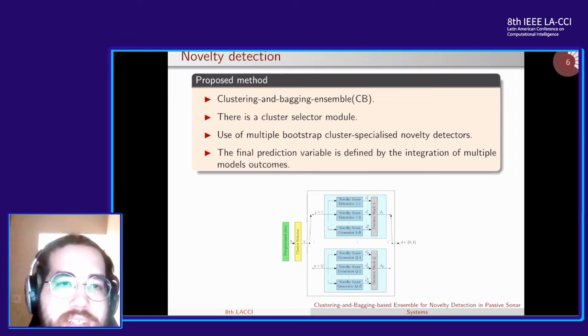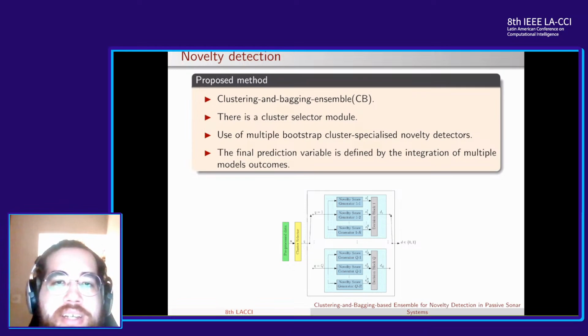We are proposing the cluster bagging-based ensemble architecture for novelty detection. Similar to the cluster ensemble architecture, there is also a cluster module responsible for assigning a cluster to some contact signal. However, the cluster bagging ensemble essentially differs from the cluster ensemble by adding a second-level processing represented by an ensemble of multiple bootstrap cluster-specialized novelty detectors.